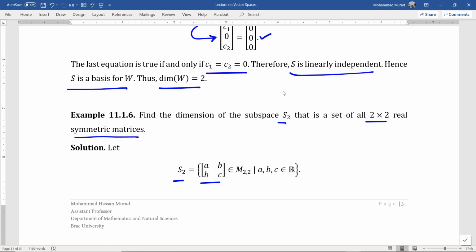Recall that a matrix is symmetric if its transpose is equal to the matrix itself. We see that a matrix with these components is a symmetric matrix.